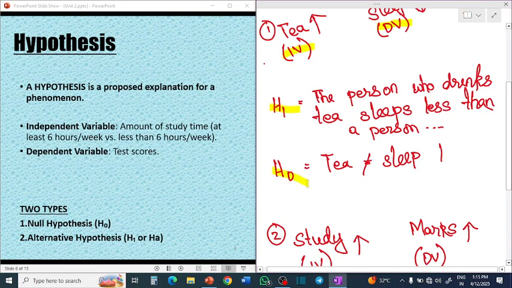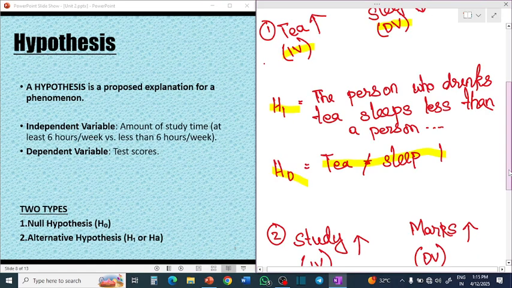So alternative hypothesis will show that the person who drinks tea has less sleep than a person who doesn't drink tea. In the same way, the null hypothesis will show the relation that tea and sleep doesn't have any relation. I hope you have understood this.